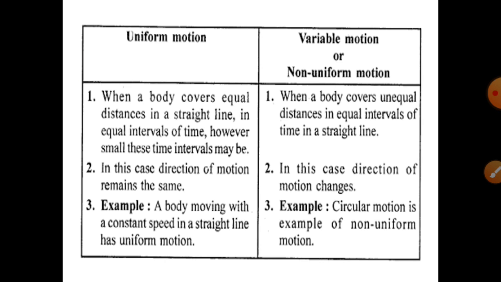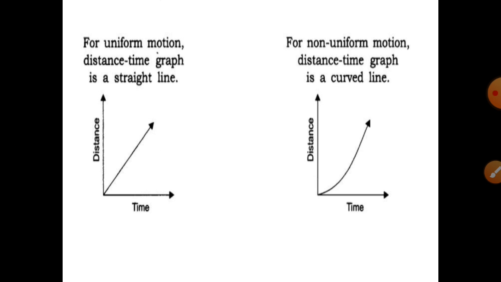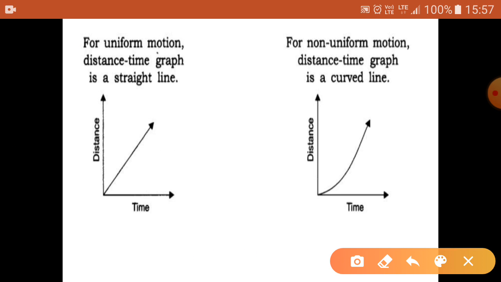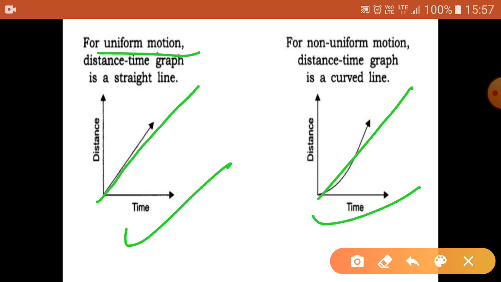In the graph you can understand in case of non-uniform motion, you don't get the straight line, but in case of uniform motion we get a straight line, because it is equal distance covered in equal interval of time, but this one is unequal distance covered in equal interval of time. The time interval we have to keep equal in both, but in non-uniform motion the distance covered will be unequal and here it will be equal.